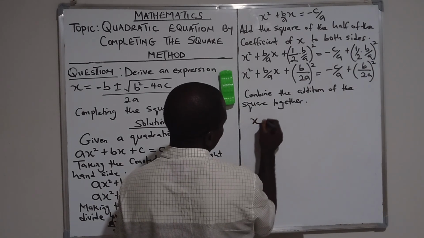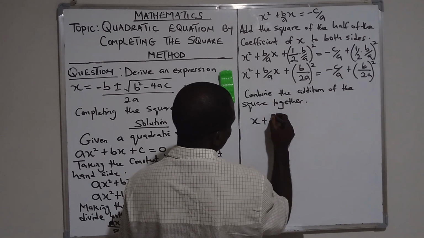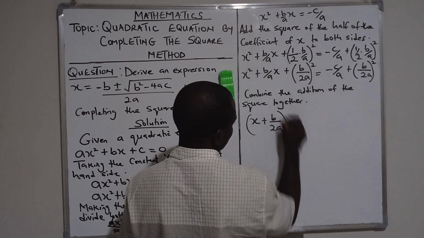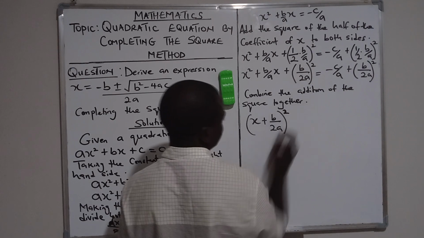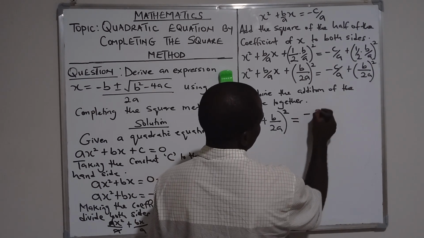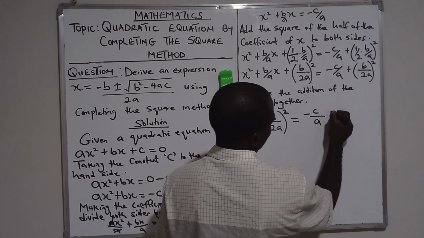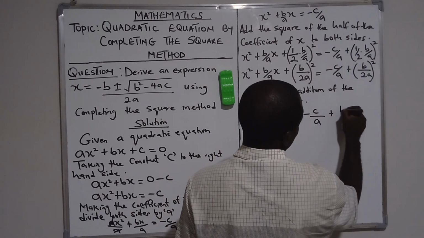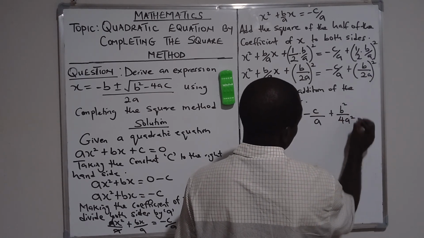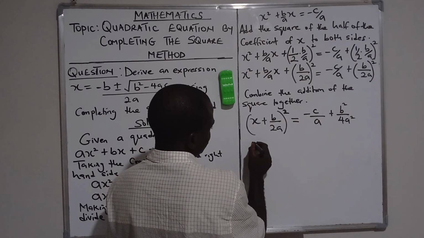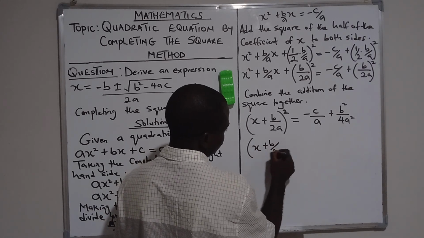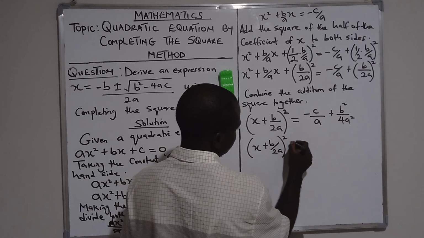Just write x plus b over 2a, squared, since they both have squares. That equals minus c over a plus b squared over 2 times 2, so that's 4a squared.